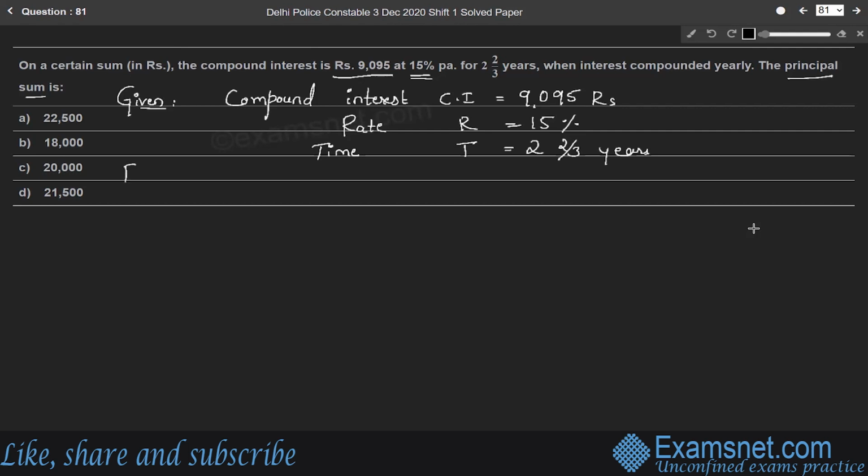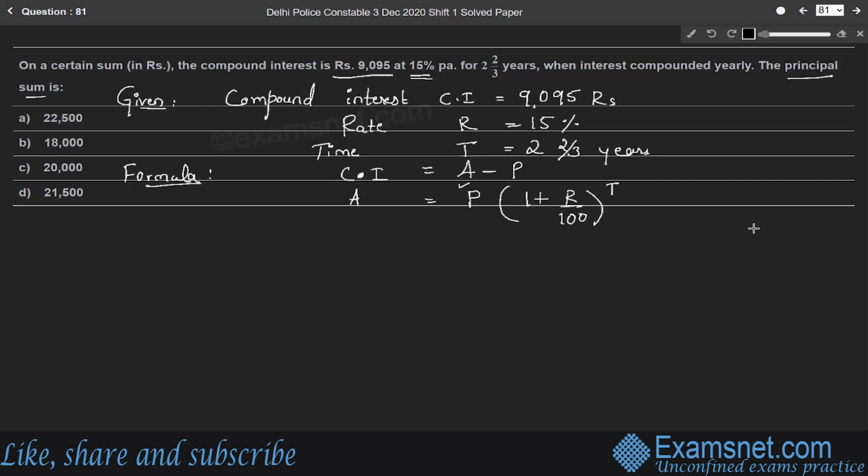For this we are using the formula. Compound interest CI is equal to amount minus principal. So what is amount here? For that we are using one more formula: amount is principal into 1 plus rate by 100 to the power of time. Time here is 2 integer 2 by 3.